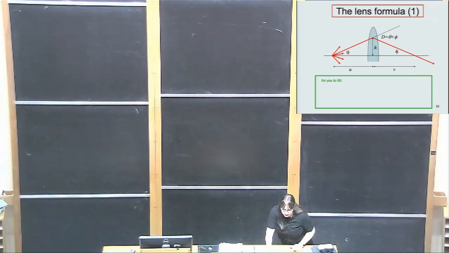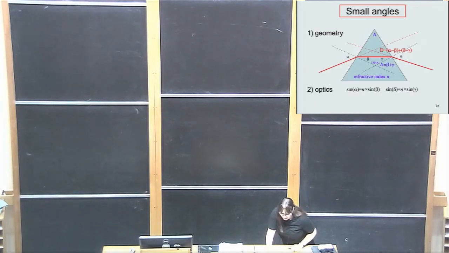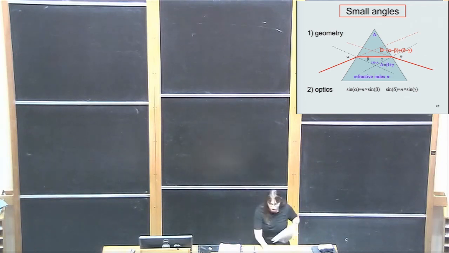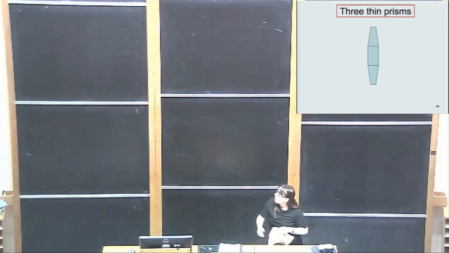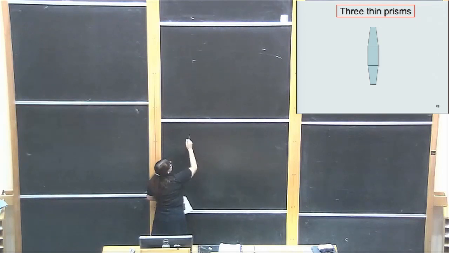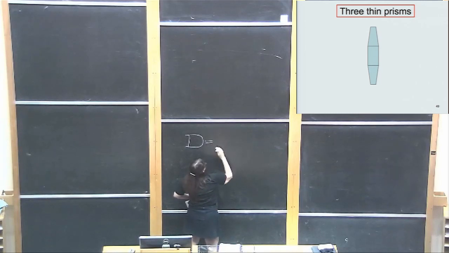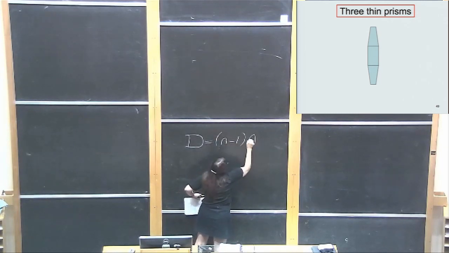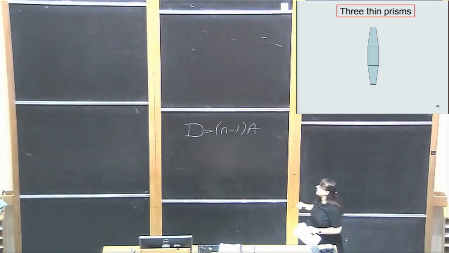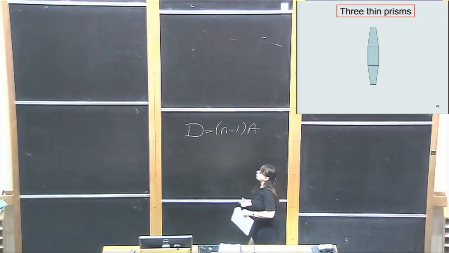So I think this was the slide I'd left it at, but let's go back a few more slides just to remind us. We'd actually started off by looking at prisms, and we had derived the fact that under the small angle approximation, the deviation angle is given by (n-1) times a, where a was the apex angle of the prism and n was the refractive index of the glass, so we're assuming glass in air.